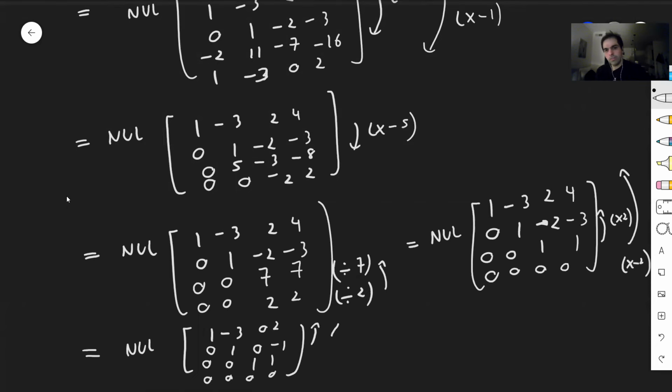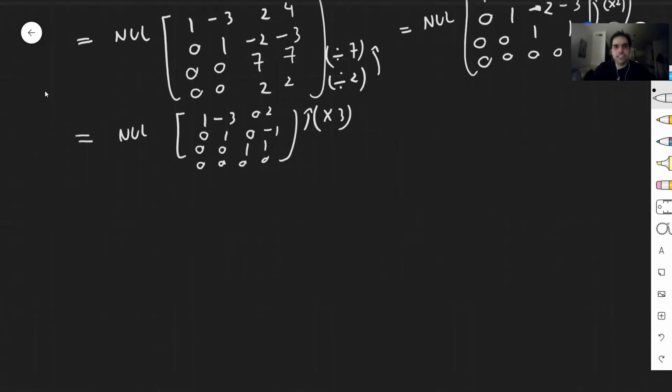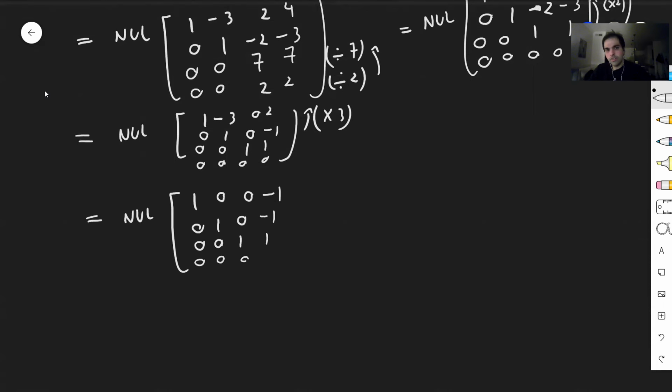And again, I'll multiply this by 3. And then you get the null space of 1, 0, 0, minus 1; 0, 1, 0, minus 1; 0, 0, 1, 1; 0, 0, 0, 0, in reduced row echelon form, so you can solve this. So I think x minus t equals 0, y minus t equals 0, z plus t equals 0.